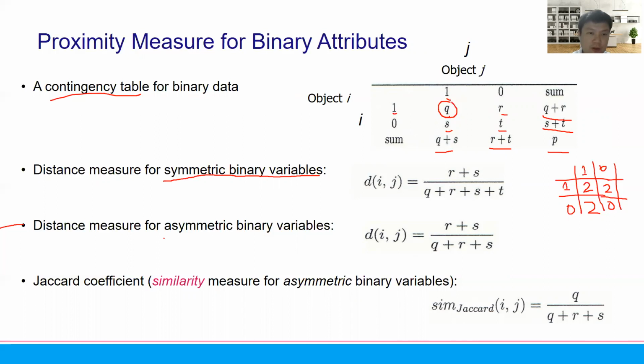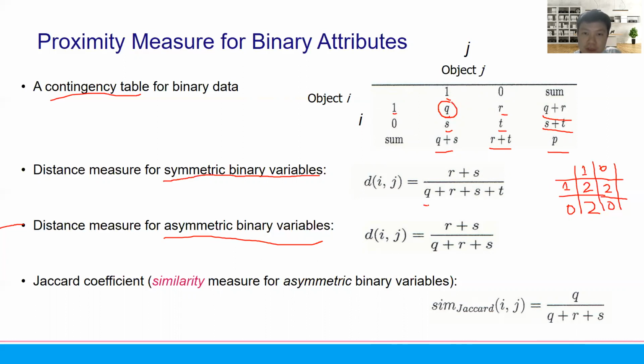But for asymmetric binary variables, one of the variables is more important than the other. For example, HIV: when you take a test for HIV, positive is more important for the hospital or the patient. And also for COVID-19 now, when you take a test, negative will be more important for you. So the formula is different.